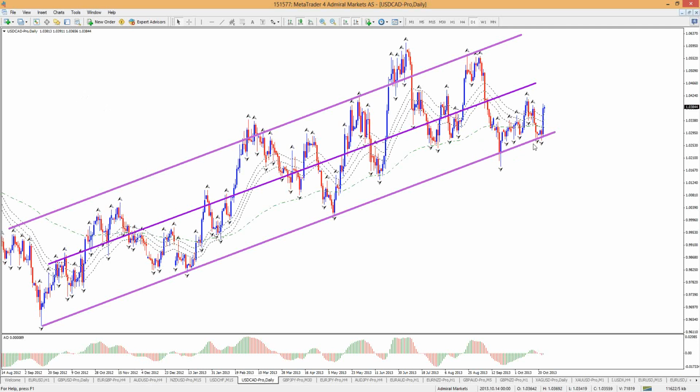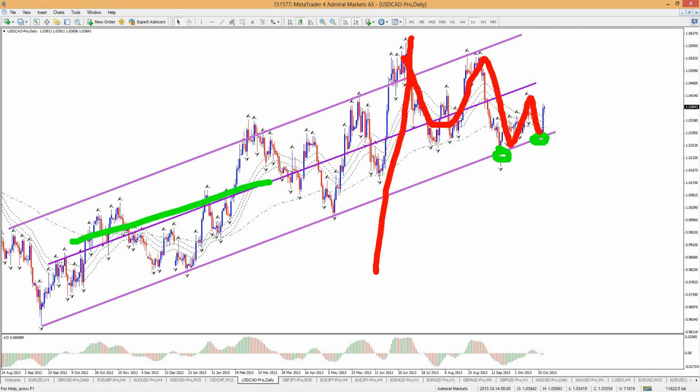Wow, we had two bounces, in fact, right here and here, didn't we? The funny thing is that despite the recent bearishness, I mean, this was recent bearishness, you can still fit a very nice uptrend channel, isn't it?